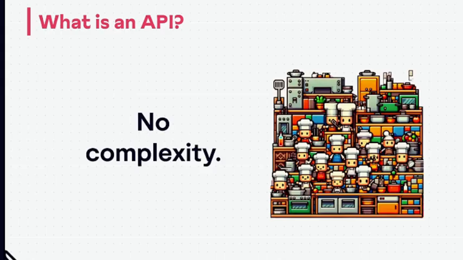Imagine if every time you went to a restaurant, instead of just sitting down and ordering food, you had to go to the kitchen and explain your order, wait for it to be done, and then take your food back to your table. This would be much more complicated than just asking the waiter for your food. The same thing goes for applications.